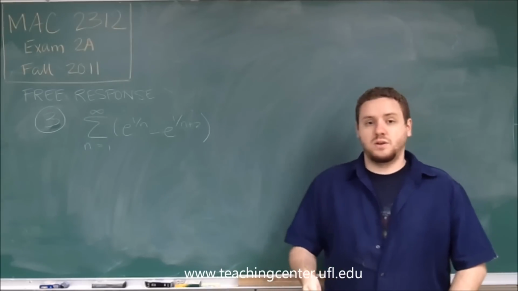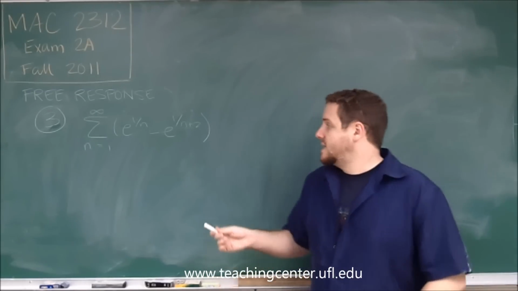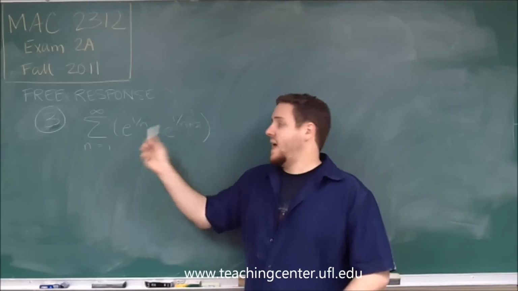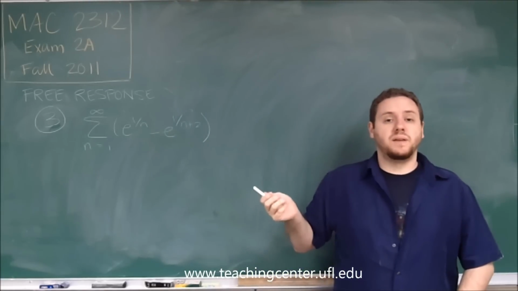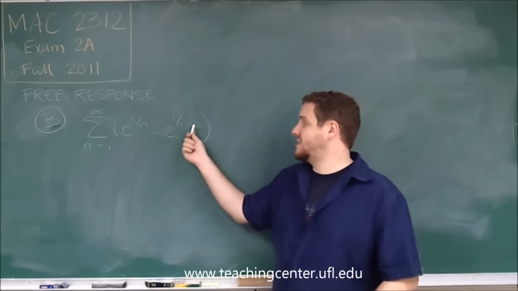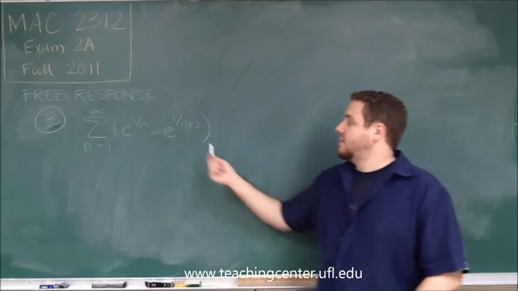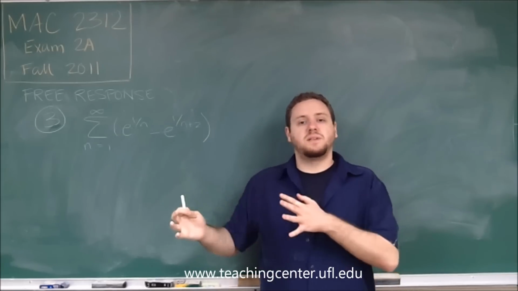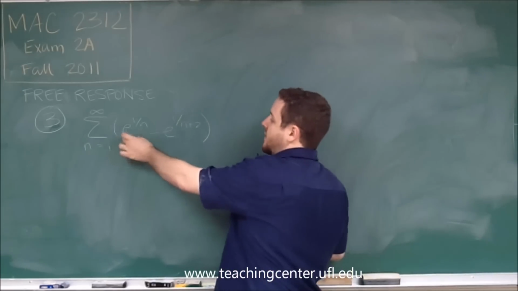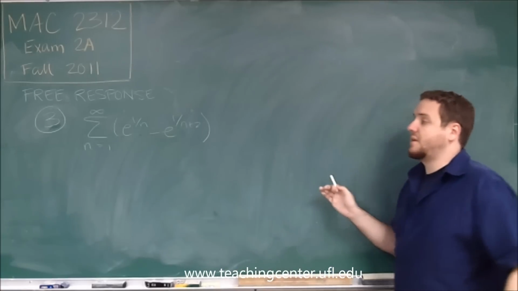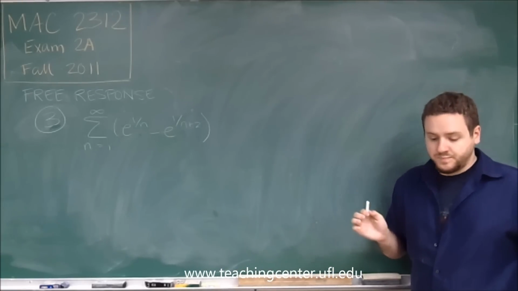The other thing that lets you know is that these two terms are the exact same thing with n replaced by n plus something else. In this case, it's n plus 2, but it could have easily been n plus 1. They're just shifted, the same thing 2 terms later. So this is definitely telling you that this is telescoping.